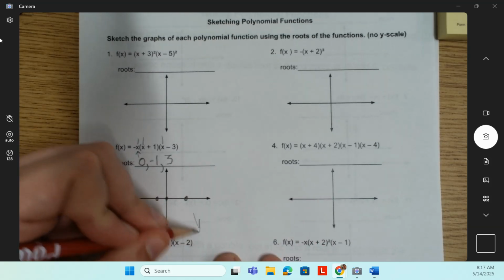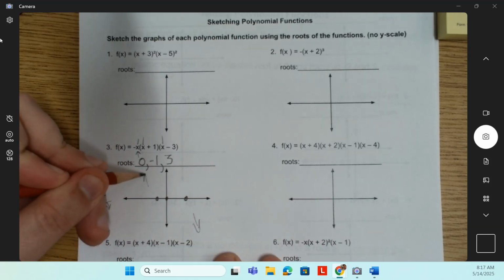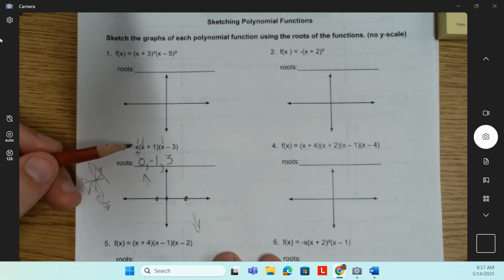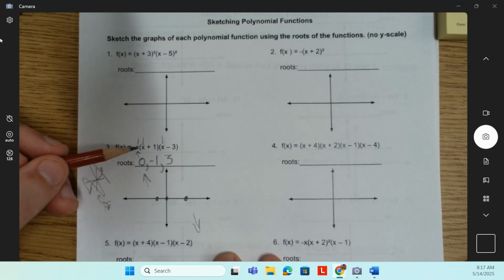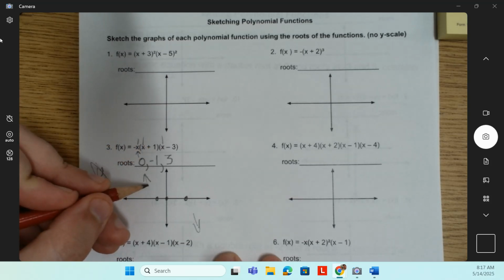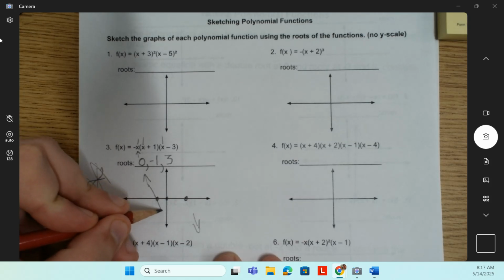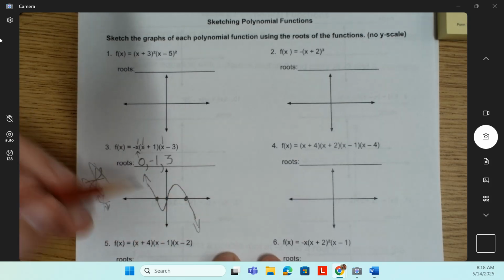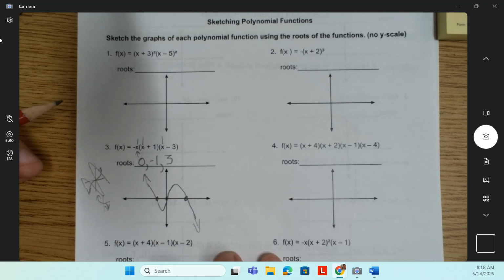So that's just telling me what my end behavior is based on the graph. Then, since all of these are just to the first power, they've got one root there, one root there, one root there, then it just goes through it one time, kind of in a straight line, and then back up through that one and down through the other one. And that gives us our polynomial function.